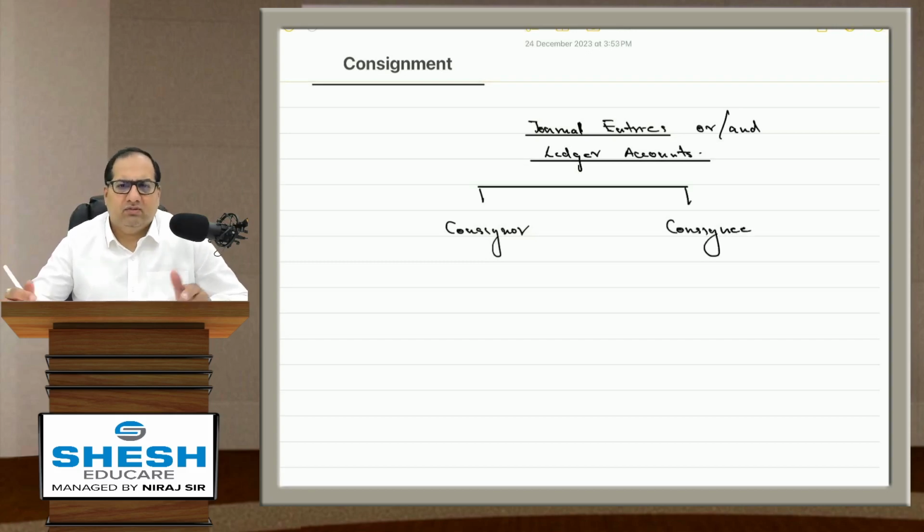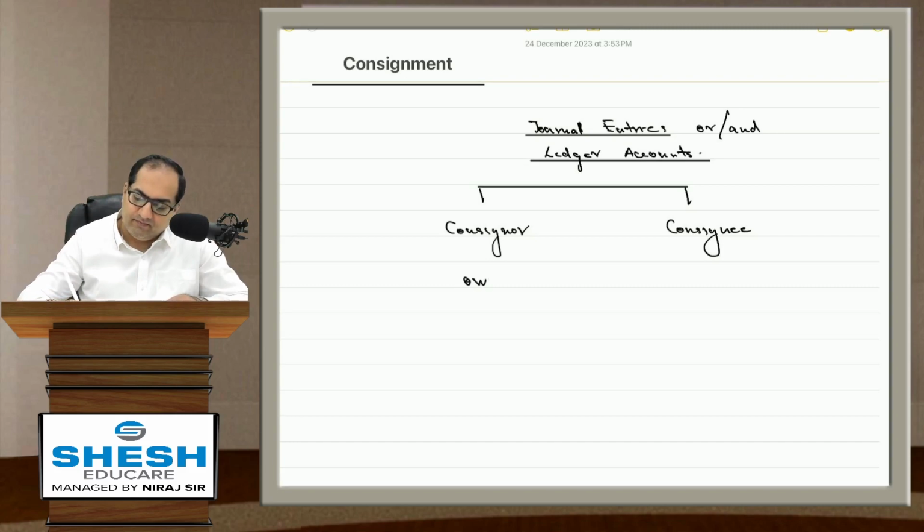Accounting can be journal or ledger, but again that is divided into two parts: consignor, who is the owner, and consignee, who is the agent.